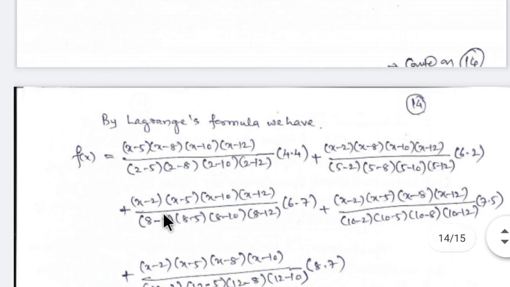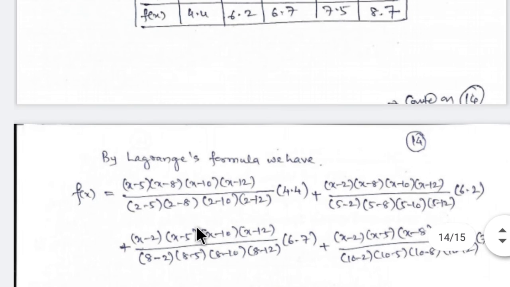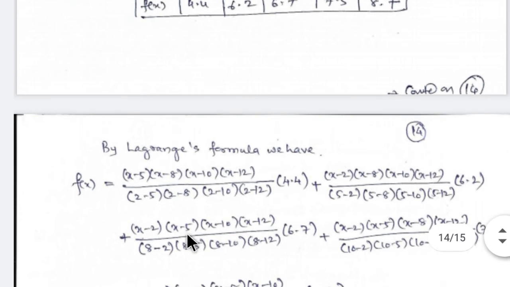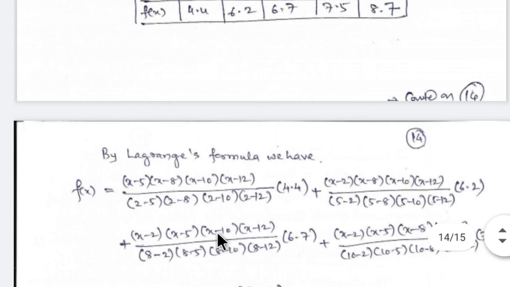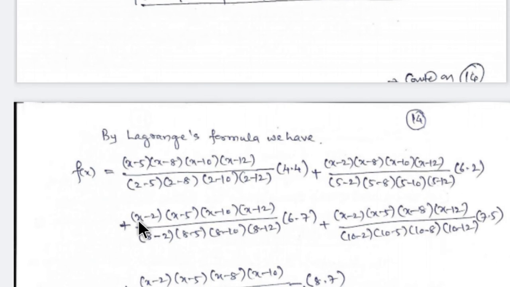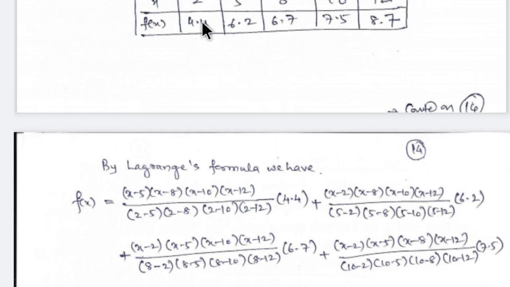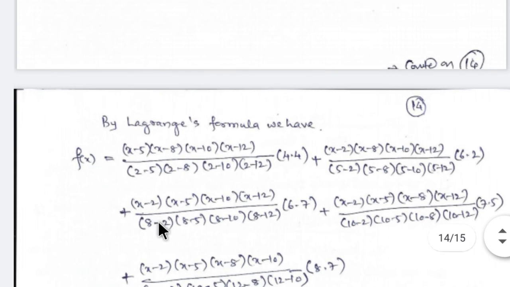Okay, like this. The next, here x minus x naught, x minus x1, but x minus x2 is absent, directly x minus x3, x minus x4. Okay, in the denominator x is replaced by x2 here: 8 minus 2, 8 minus 5, 8 minus 10, 8 minus 12.